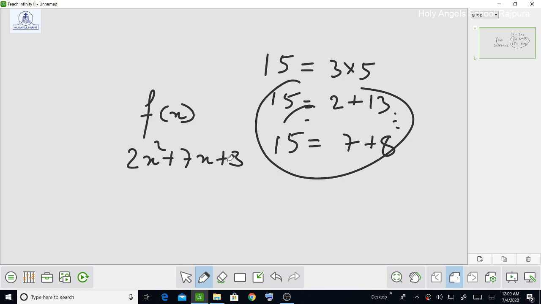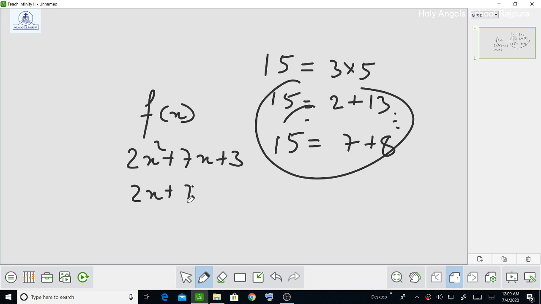Another one is 2x plus 7. It is called a linear polynomial. The variable is x and the highest power of the variable is 1.